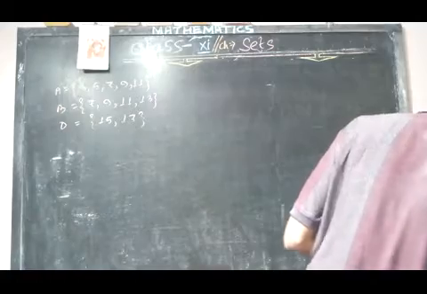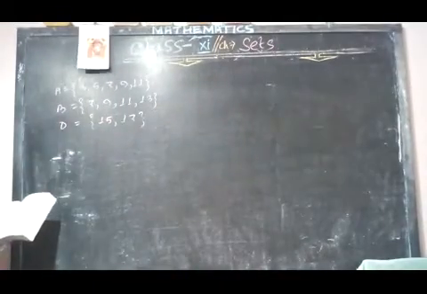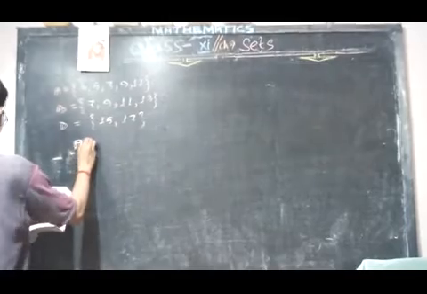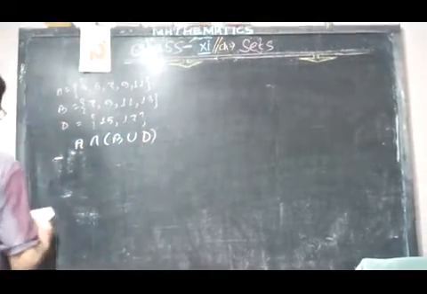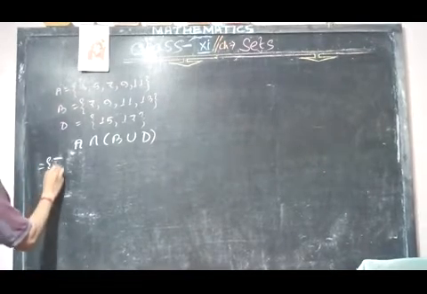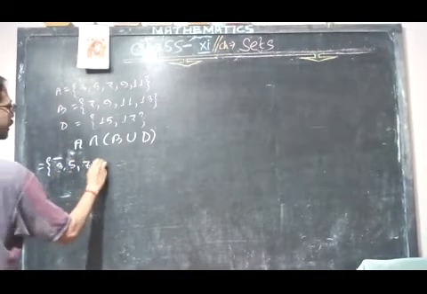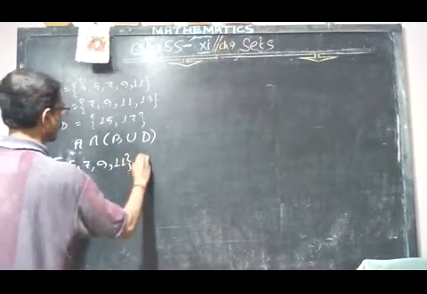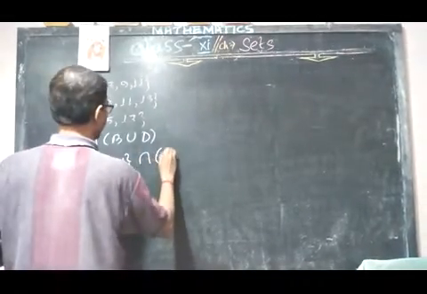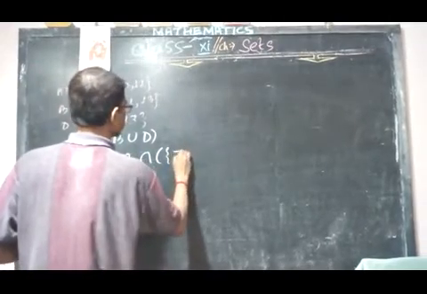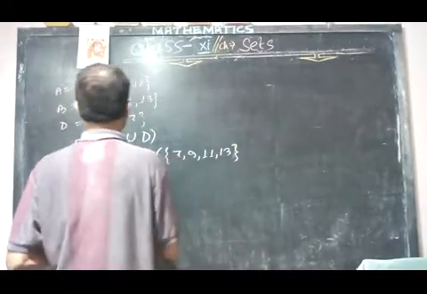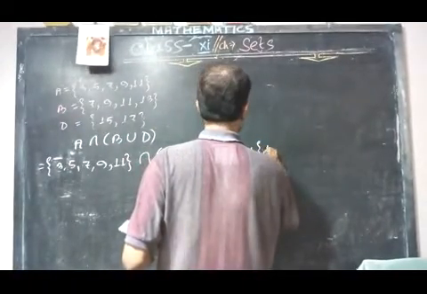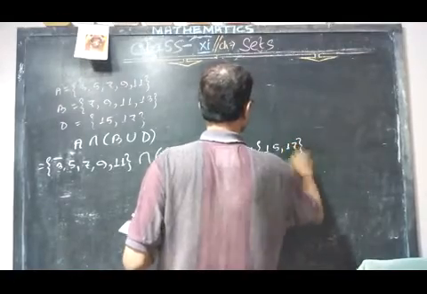Find A intersection B union D. A means 3, 5, 7, 9, 11 intersection B means 7, 9, 11, 13, union D means 15, 17.